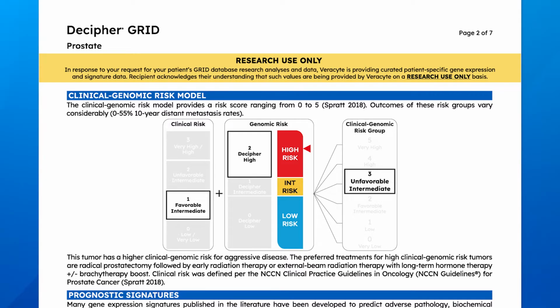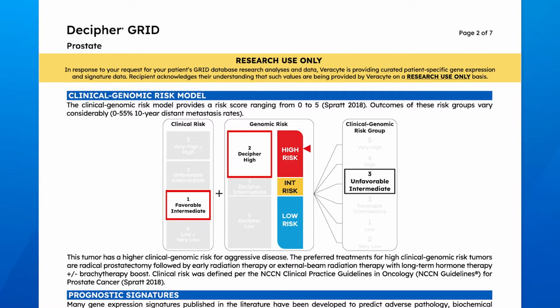As per this model, numeric values corresponding to the National Comprehensive Cancer Network clinical risk group and the Decipher risk group are added together to give a total number or risk count that is the clinical genomic risk and displayed in the last column. For example, this patient has NCCN favorable intermediate risk prostate cancer and a high Decipher genomic score.